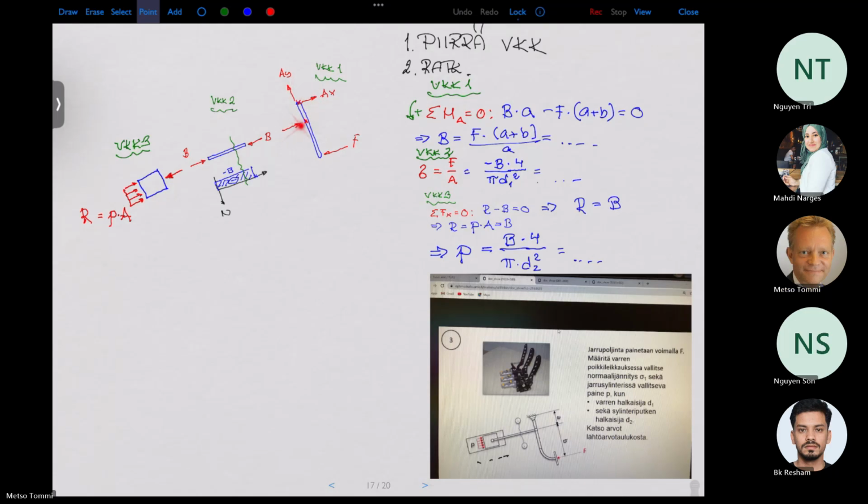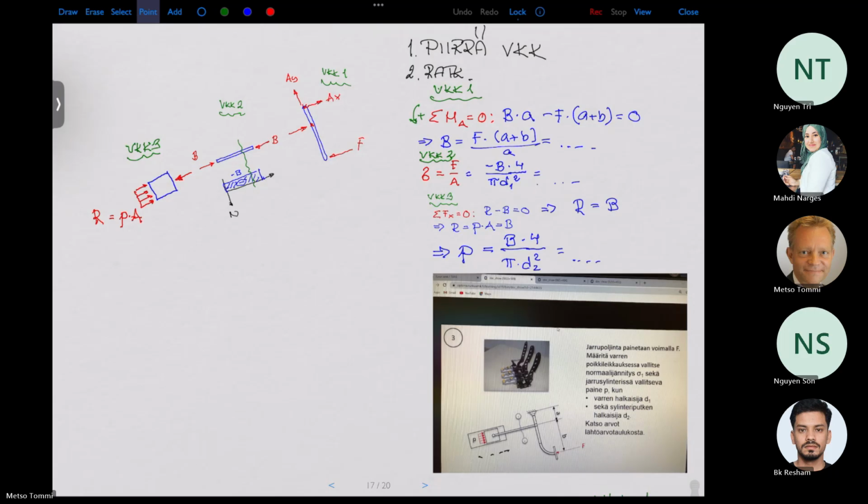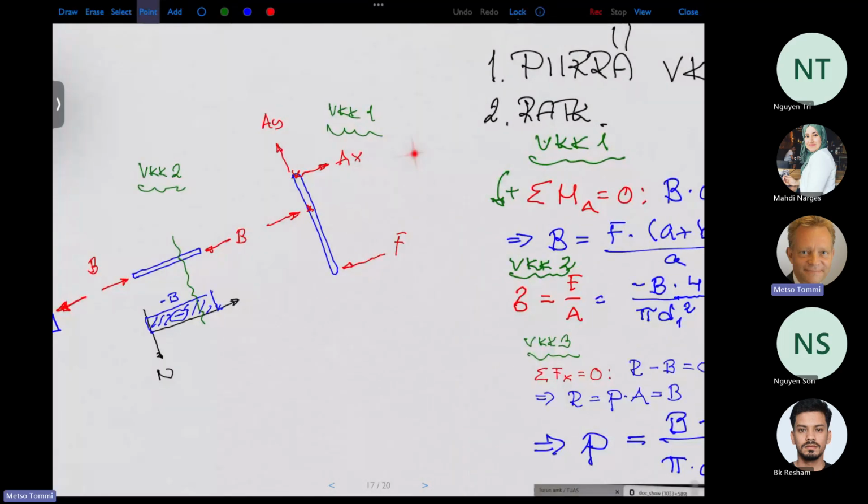And we remove also this connection rod and put the support reaction B. So now this first free body picture is ready, and we can calculate. We want to know this force B.